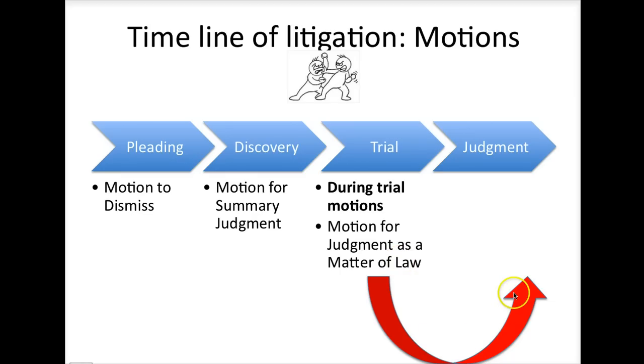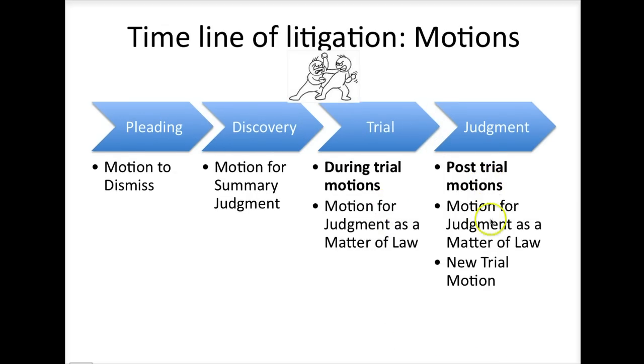So this is again a shortcut to judgment, and it shortcuts the jury's verdict. For this reason, although we now call the motion a motion for judgment as a matter of law, at one time it was called a motion for directed verdict because it directed how the verdict would come out.